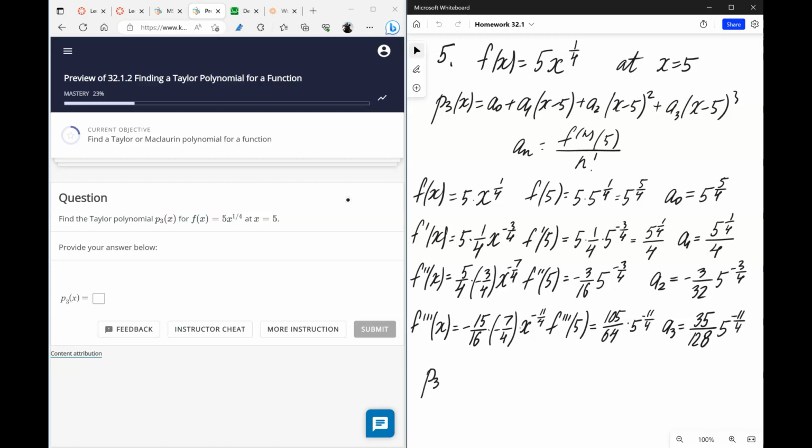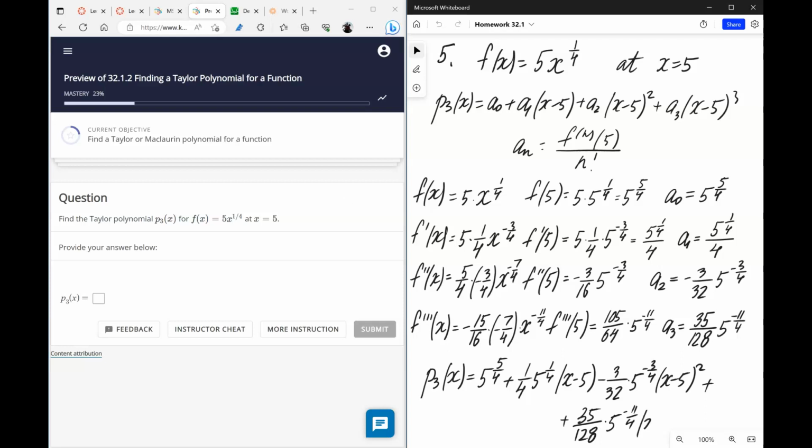So my polynomial will be equal to 5 to the power 5/4 plus 1/4 times 5 to the power 1/4 x minus 5 minus 3 over 32 times 5 to the power negative 3/4 x minus 5 squared plus 35 over 128 5 to the power negative 11/4 x minus 5 cubed.